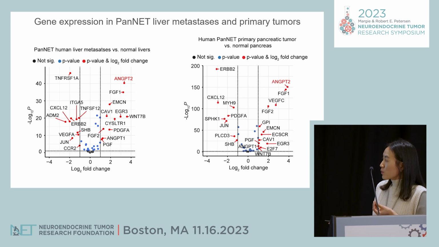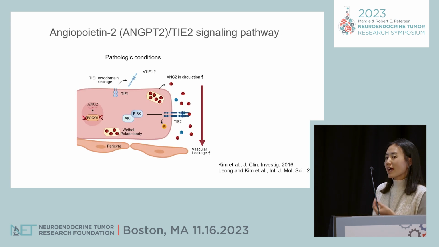So anyway, angiopoietin 2, the molecule that we focused on, showed one of the most upregulated genes in both liver metastasis and primary tumors. Briefly, I wanted to introduce angiopoietin 2. Angiopoietin 2, together with VEGF, stimulates angiogenesis.